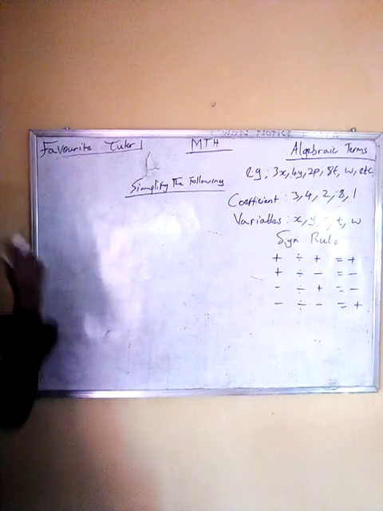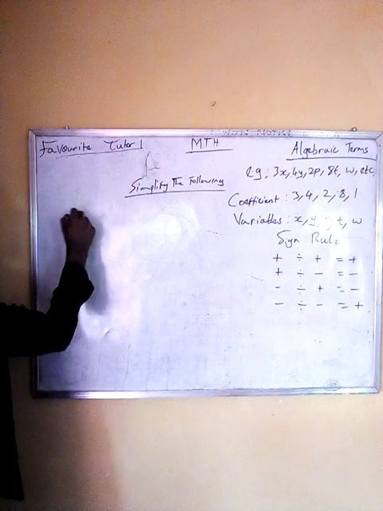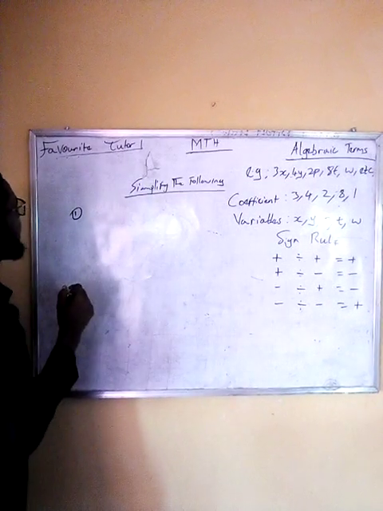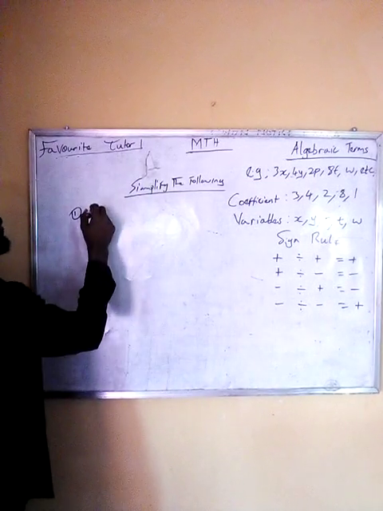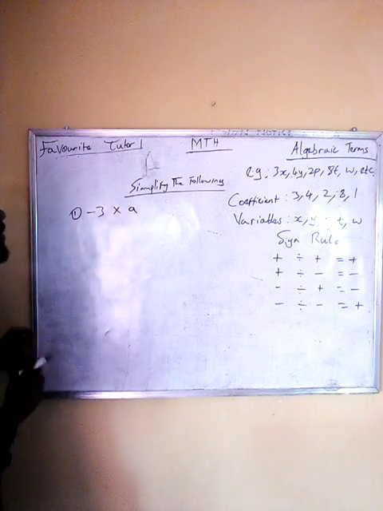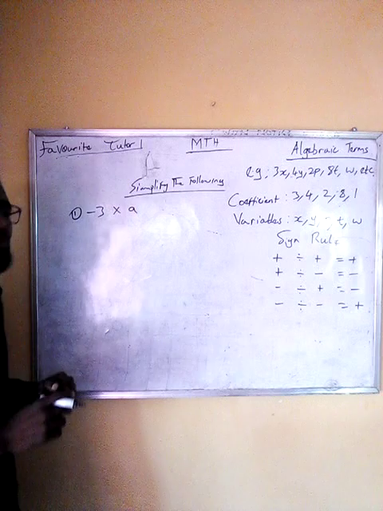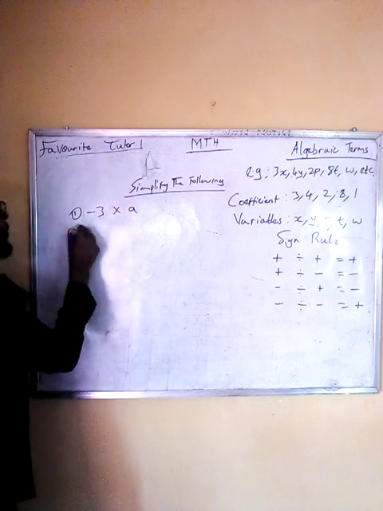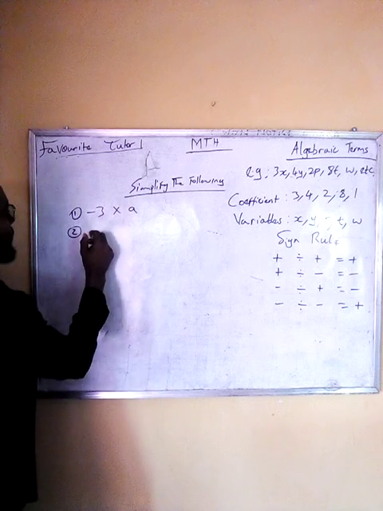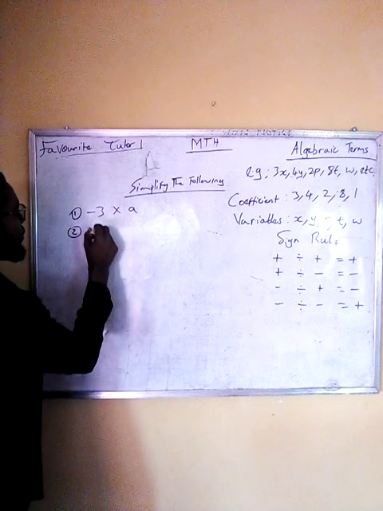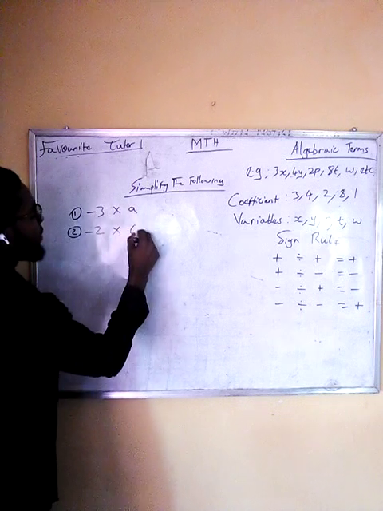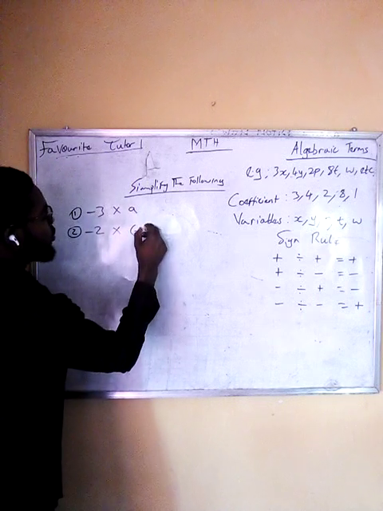Take some examples, simplify the following. The first one, let's say minus 3 times a. The second one, let's say minus 2 times minus 2.